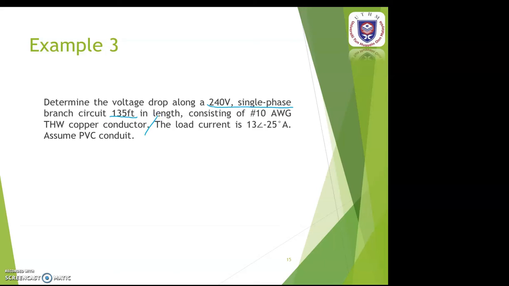The load current is 13 amperes at an angle of negative 25 degrees. Assume PVC conduit.